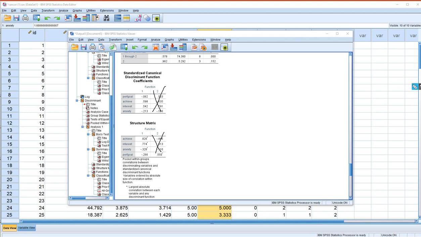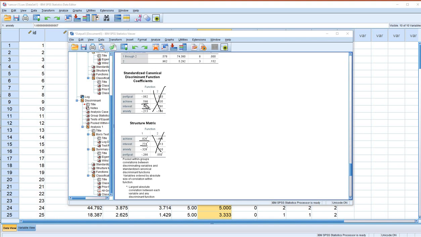So adopting a loading criteria of 0.30 with respect to the standardized canonical discriminant function coefficients and structure matrix, we can see that basically achievement and interest are substantially loaded onto the first function, really in both matrices right here. So there it is again in the structure matrix.